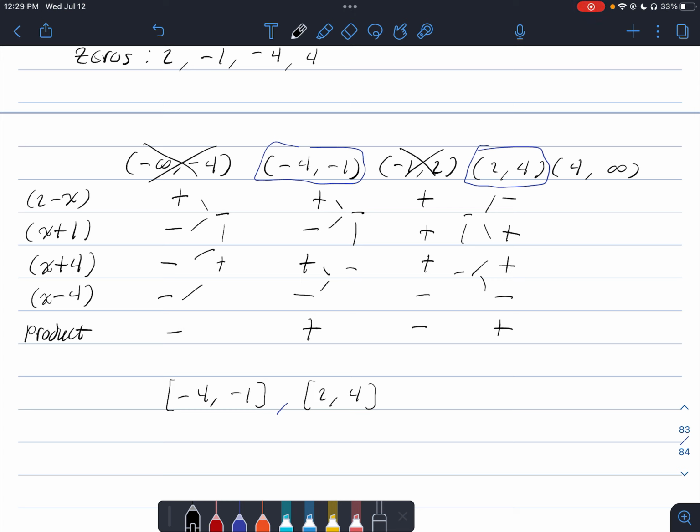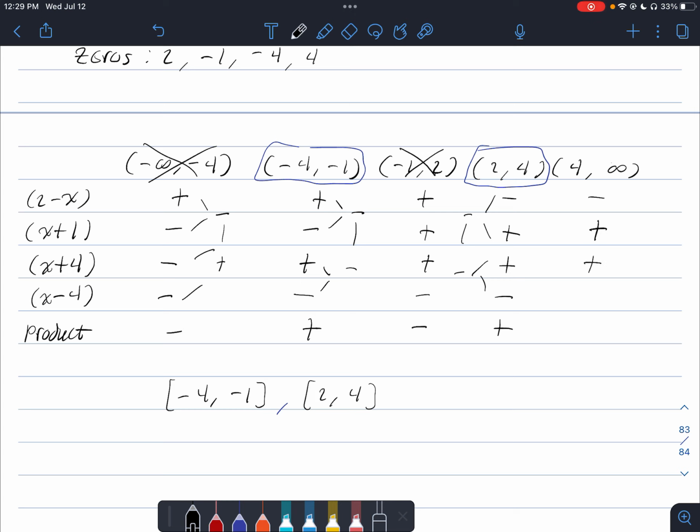So lastly, we have to check 4 to infinity. Let's test 5. So we have 2 minus 5. That's going to be negative, obviously. Okay, it's negative 3. We have 5 plus 1. That's 6. That's positive. 5 plus 4, obviously, that's positive. That's 9.